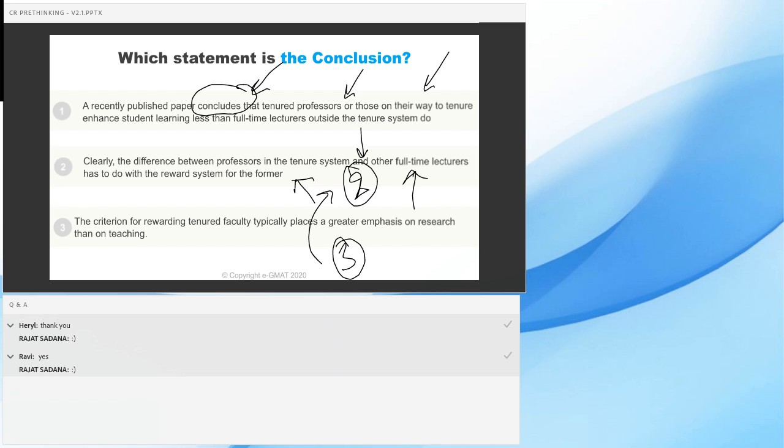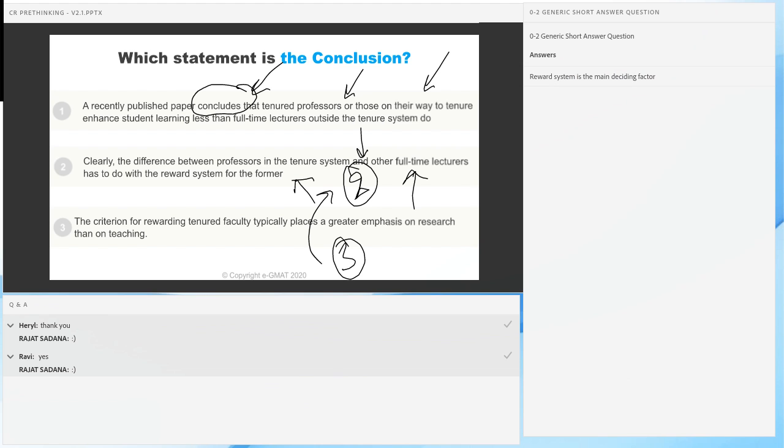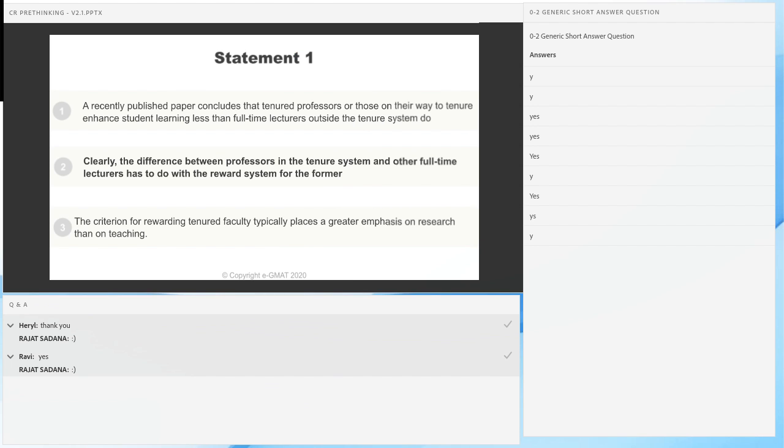The purpose of writing the argument is to make you believe in two, which is what makes statement number two the main conclusion. People who chose statement one or statement three, is that clear? Okay. Again, always ask yourself, why has the author written this argument? Who is the author of this argument? This is your main conclusion.